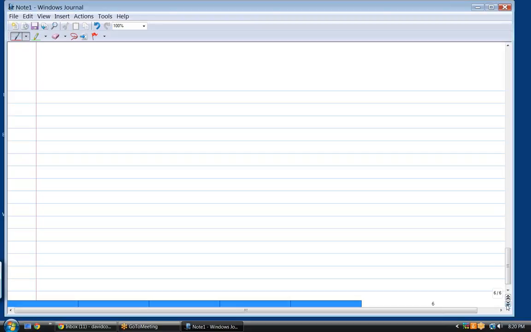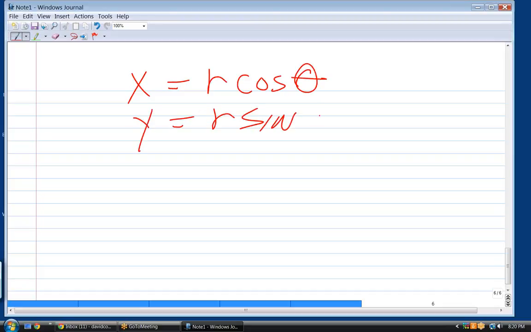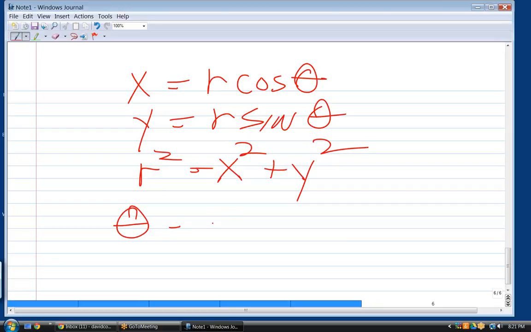I only laid out 3 equations. There's actually a 4th one. Theta is the inverse tan of y over x.